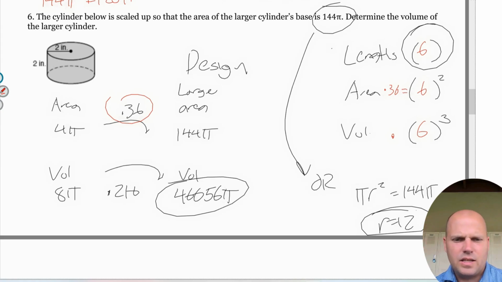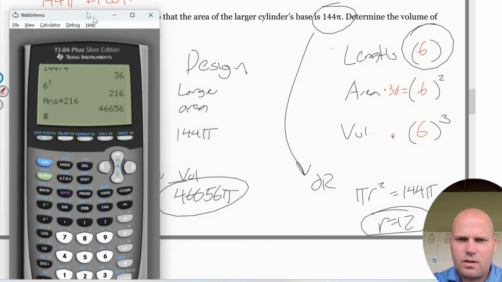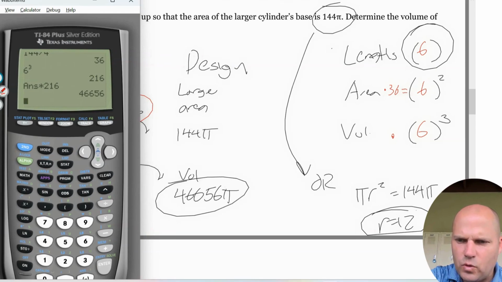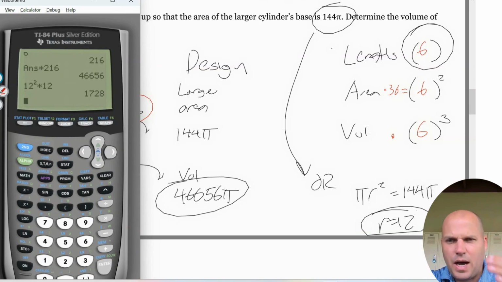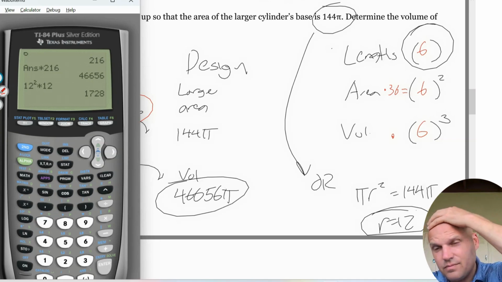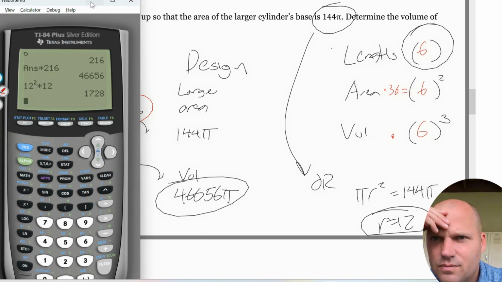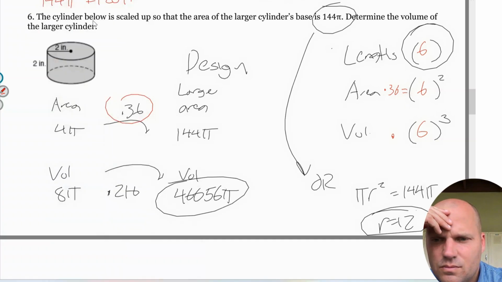You could find that pi r squared, where it's 12 squared, times the height, pi. Yeah, it makes sense that the lengths of this.